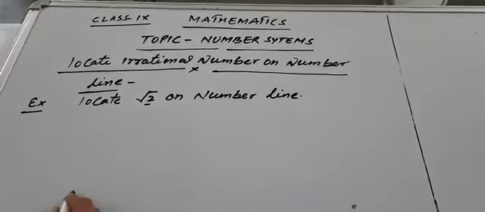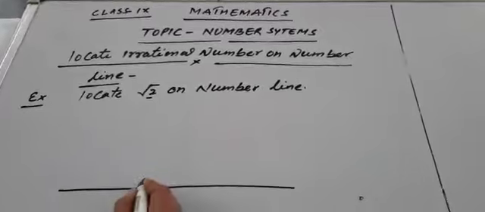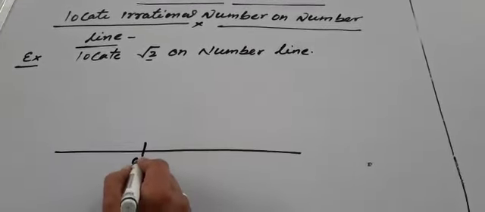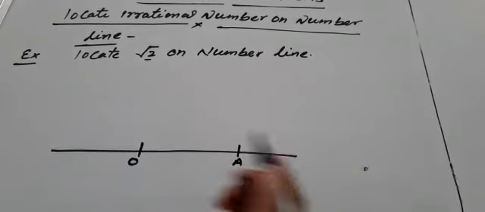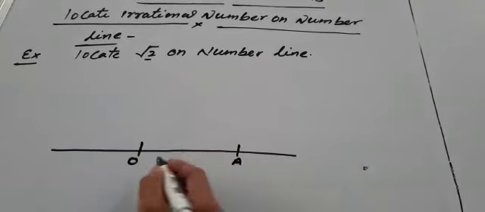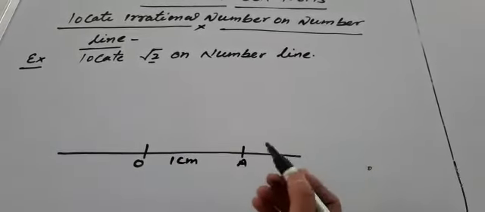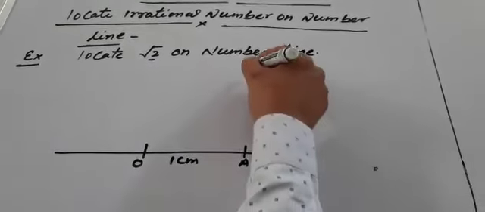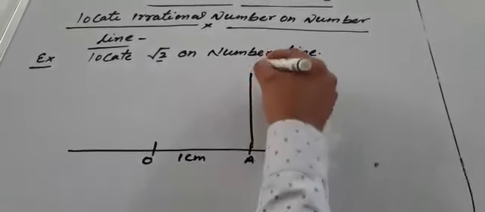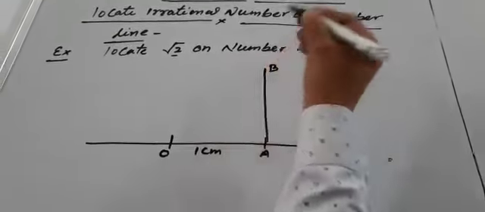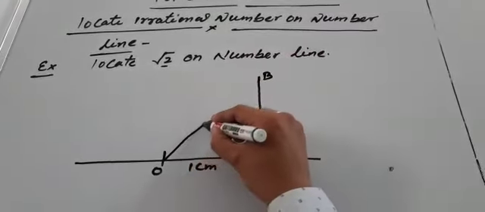We draw a number line and take any point O on the line, and another point A on the line, with this distance 1 centimeter. In the next step we draw a perpendicular at point A, take this point B, and join O to B.